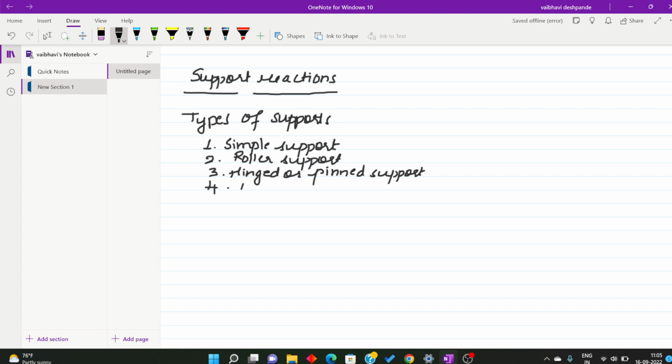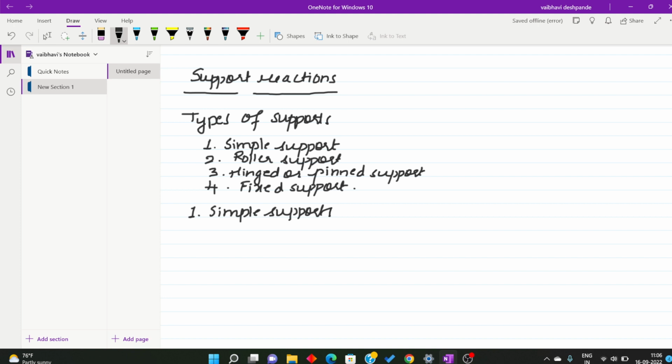Then fixed support. So these are the various types of supports you have to mention. Then you have to explain what is a simple support. So first one is simple supports.